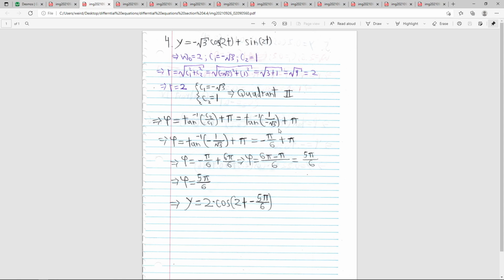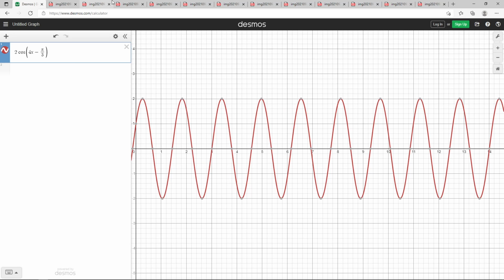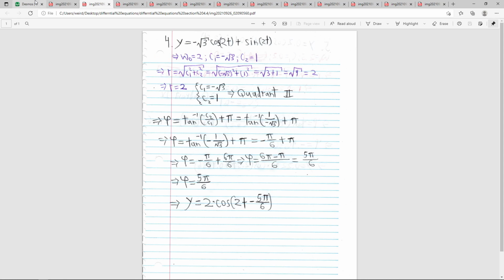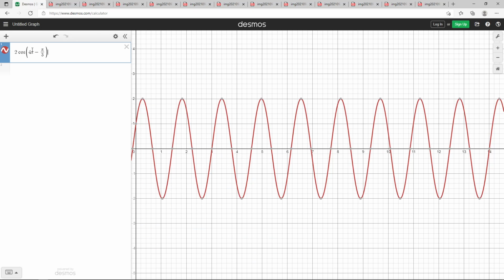We solve for the inverse tangent first in terms of pi and then add pi. So it's negative pi over 6 plus 6 pi over 6, which is 5 pi over 6. So 2 times cosine of 2t minus 5 pi over 6 is our answer. That's the solution in our form.